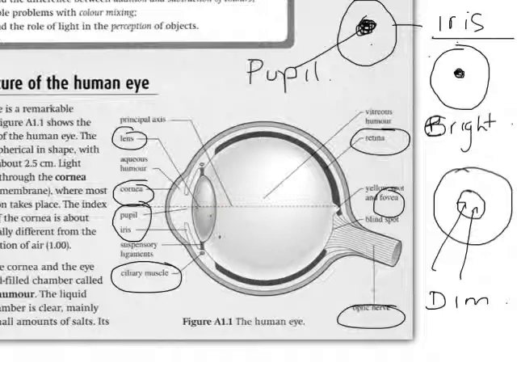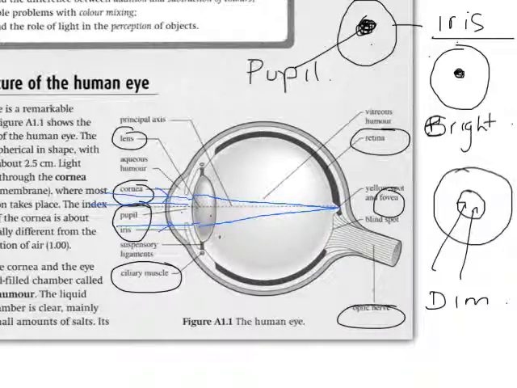So let's have a look at how light travels. Light will travel in. I'm going to draw 3 lines there: 1, 2, 3. So light travels in through the pupil, past the cornea, which is transparent, in through the pupil, to the lens, and from the lens it focuses at the back, at the retina.